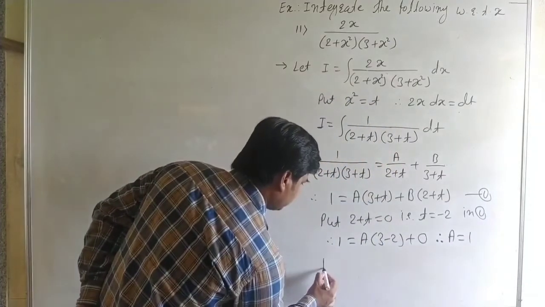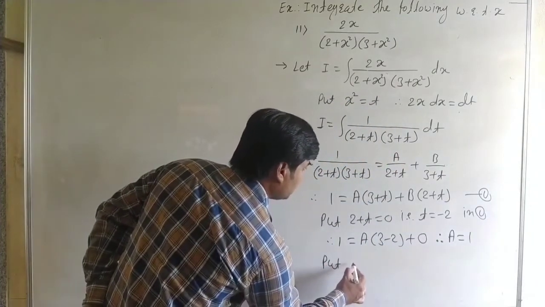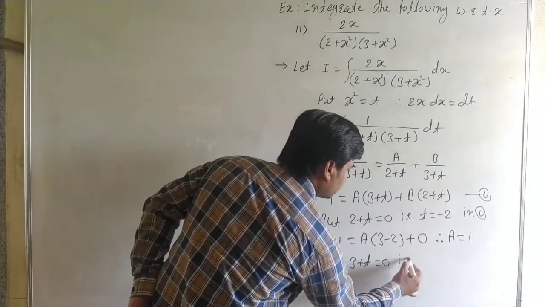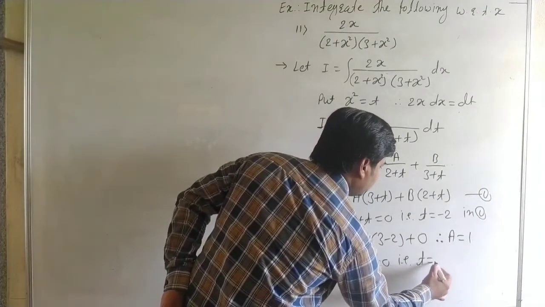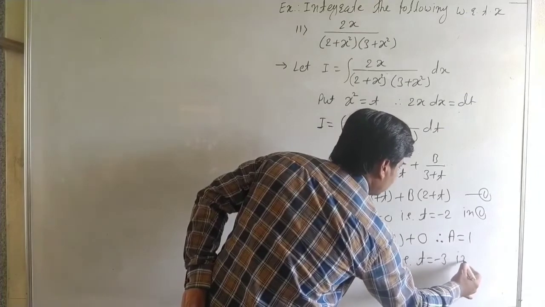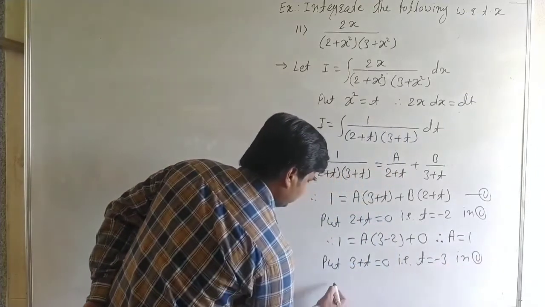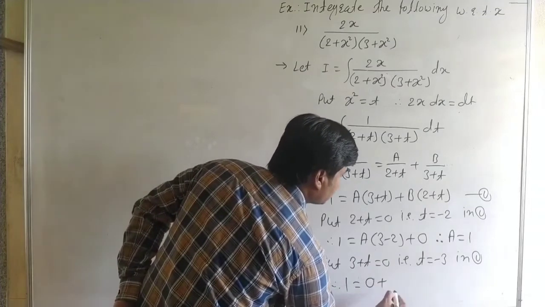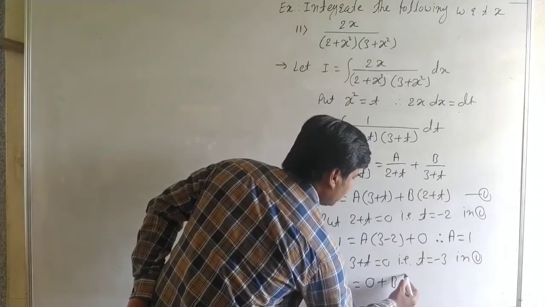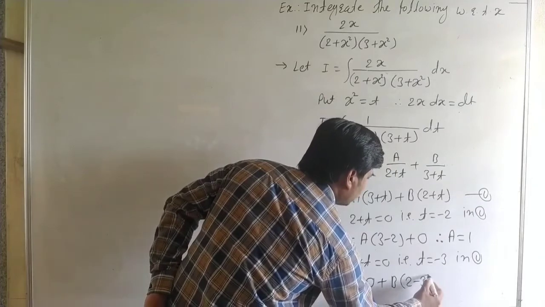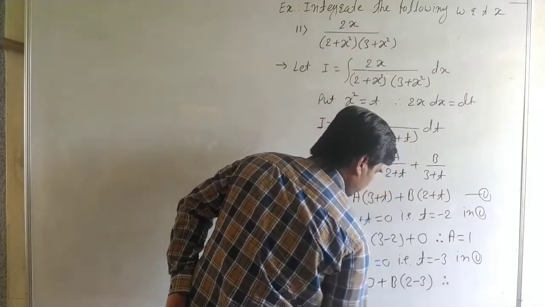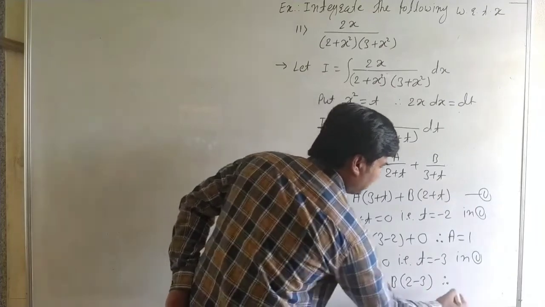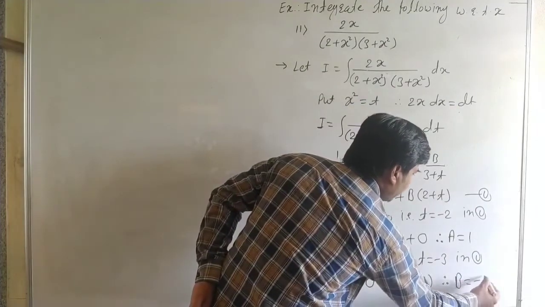Now put 3 plus t is equal to 0, that is t is equal to minus 3 in 1, and therefore 1 is equal to 0 plus b into (2 minus 3). See carefully, 2 minus 3 is minus 1, so minus b is equal to 1, and therefore b is equal to minus 1.